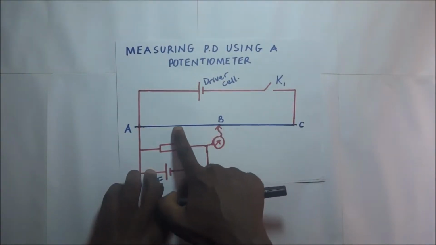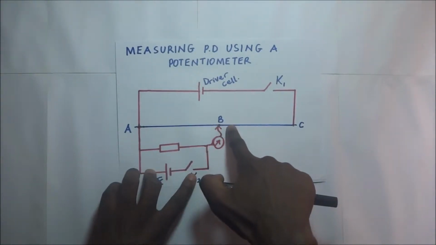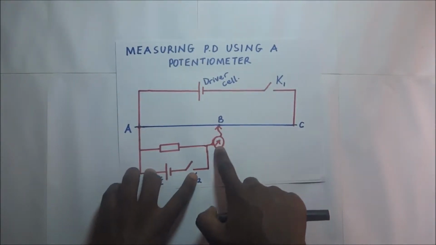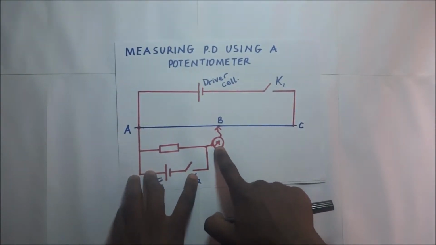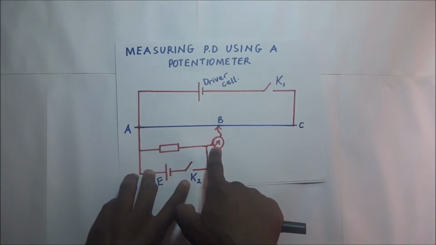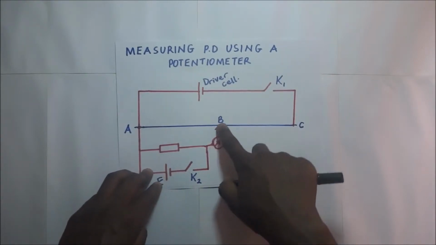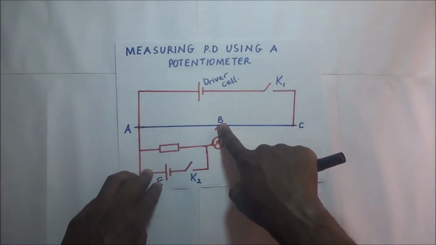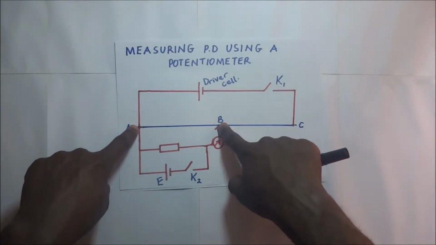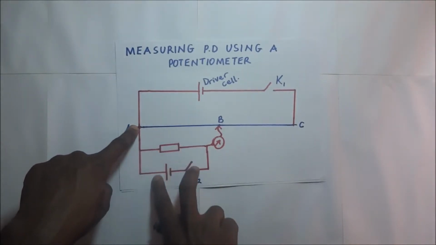So we shall move this sliding jockey along this potentiometer wire, and we shall stop at a point where this galvanometer shows no deflection. When the galvanometer shows no deflection, it means there is no current going through the galvanometer, and therefore there is no current going through the secondary circuit. So when the galvanometer is showing no deflection at that balance point, let's say the balance point is B, the potential difference across the portion of that wire AB will be equal to the potential difference across the components in the entire circuit.